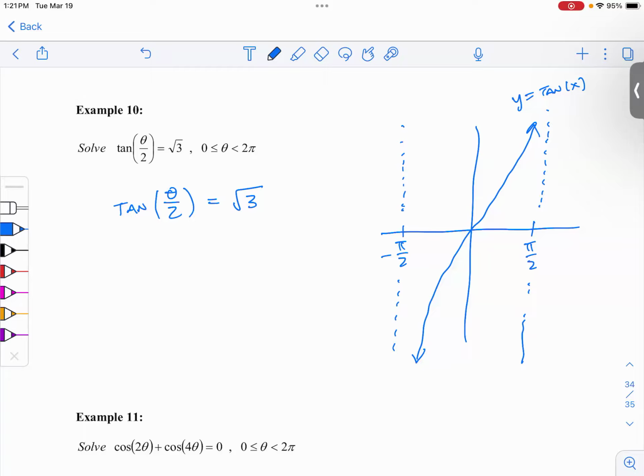Now, the graph is not nearly as clear, but I still look, okay, root 3 is about here. It only hits tangent at one point. And then we say, for what angle is tangent equal to root 3? Wait, how'd you know root 3's there? Oh, it's about right here. Root 3 is somewhere between root 1 and root 4, so it's somewhere between 1 and 2.